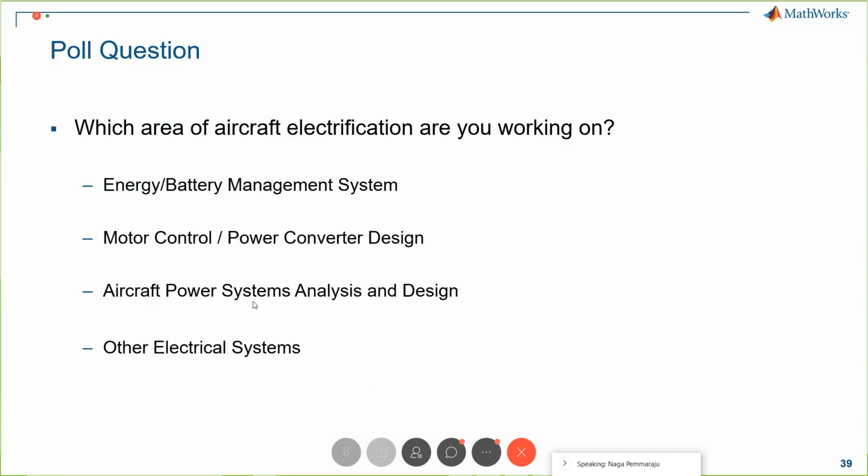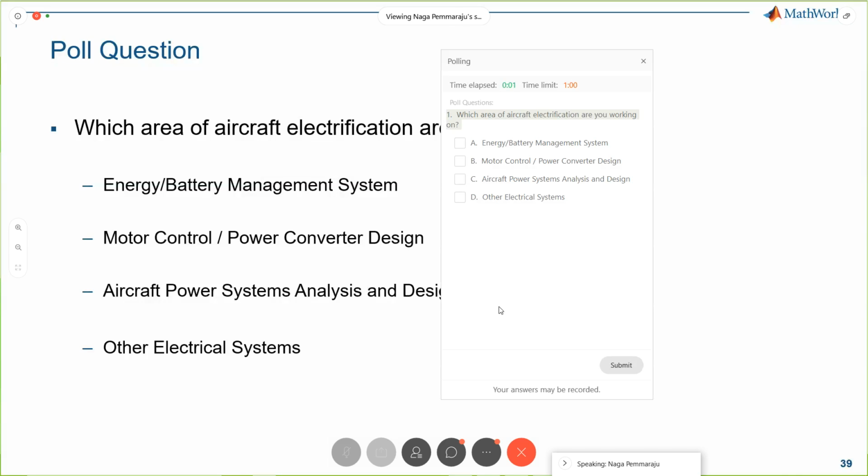So I would leave with one more poll question before my colleague takes over from here, who will be focusing on the motor controls and battery management system. The poll question now is, which area of aircraft electrification are you working on? Are you working on energy or battery management systems?